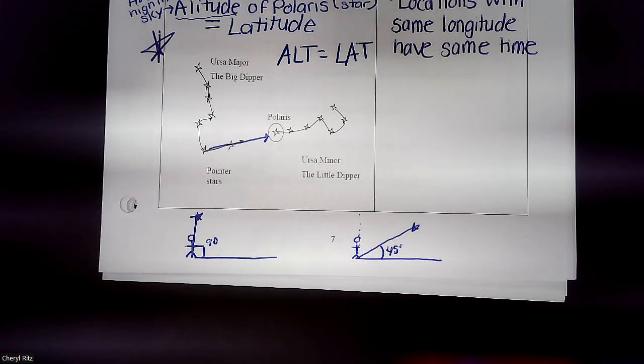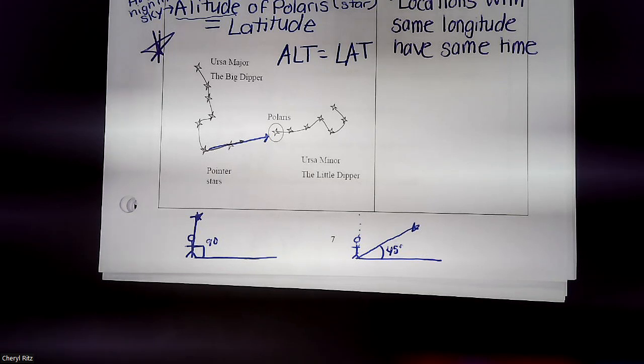Now, it's not like 79 has a different time than 80 and 81. They do go by groups. So the time zones are broken up into 24 time zones. Why do you think there's 24 time zones? Because there's 24 hours.